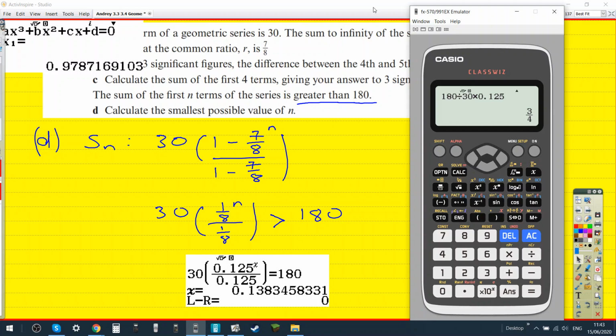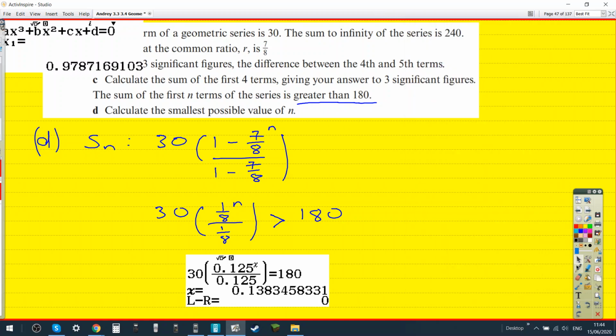So 1/8 to the power of something gives you 3/4, six-eighths. Okay, hang on a second. What are we missing here?